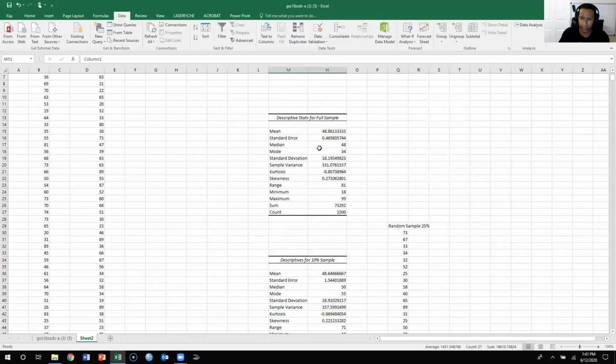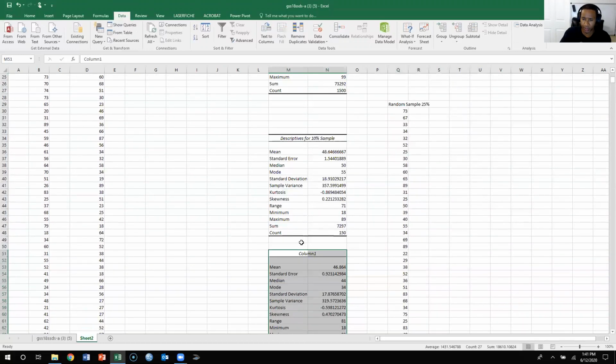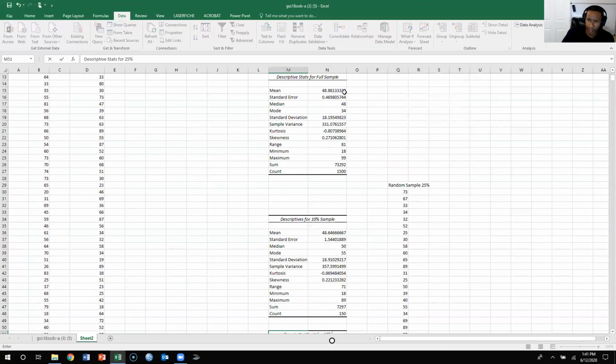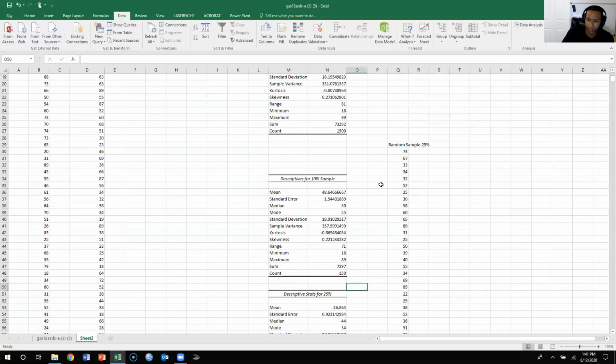Okay, so this is the descriptive statistics for the full sample. This is the descriptive statistics for the 10% sample. And then this is the descriptive statistics for the 25% sample. Okay, so we can see that here the mean is actually a little bit lower than what you would have for the full sample. The actual mean for the 10% sample is actually closer.